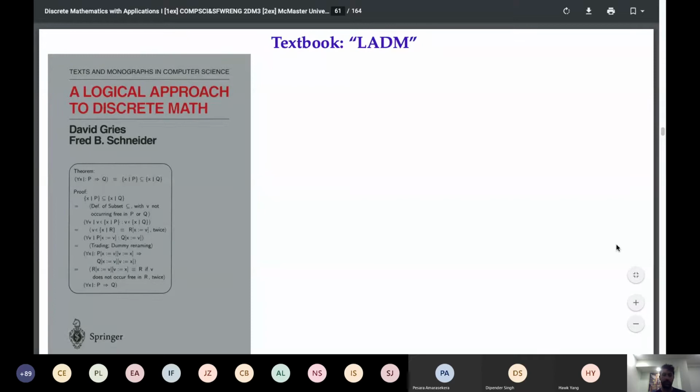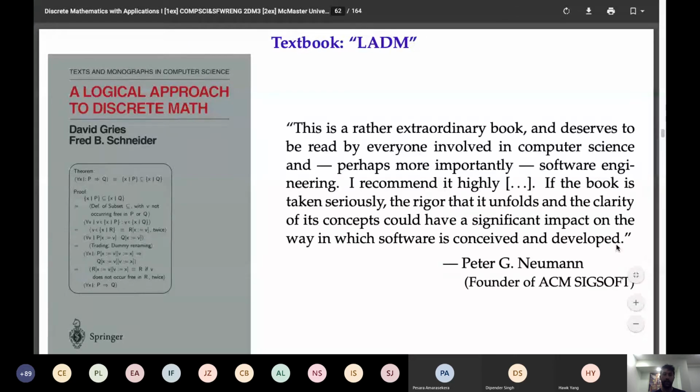In my time in computer science, this book has probably been the most important of all the books I have used. I have used it repeatedly throughout my undergrad and then again in my master's and my PhD. It's a very useful book and it has a lot of rich content. So I hope you will refer to it often.